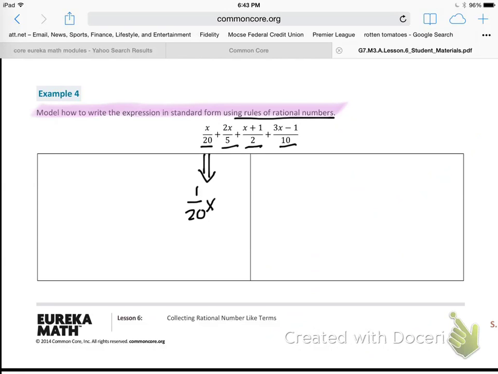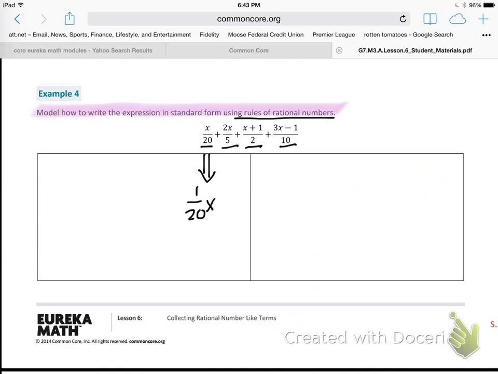Okay, so very, very important, because what we're assuming here is that we have one x up here. So if we divided x divided by 20, we'd have 1/20 x, because when that 20 is on the bottom there, that is 1/20.